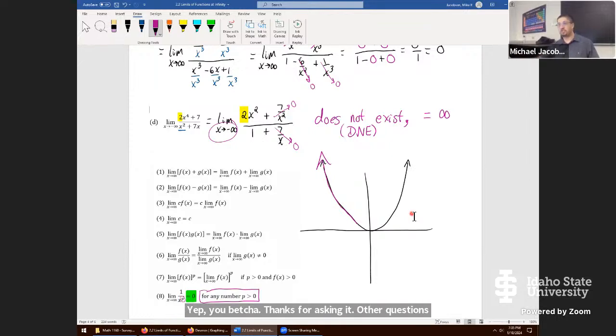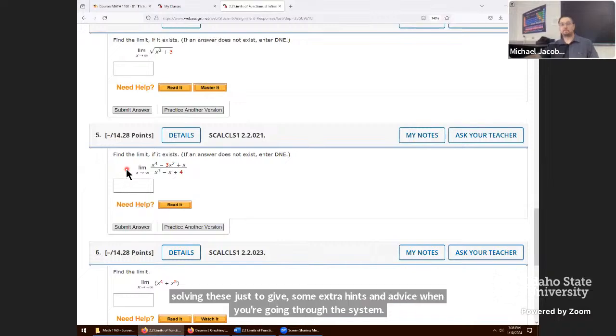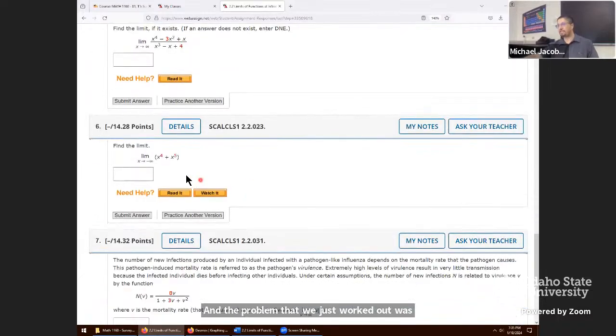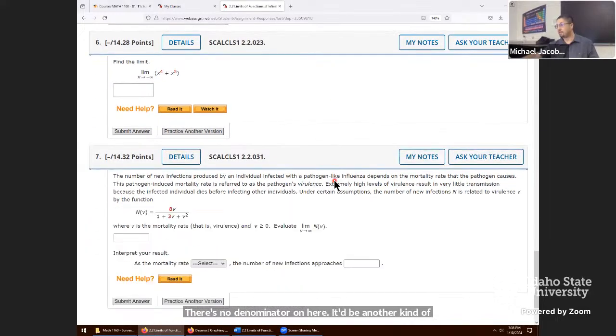Okay, since this is just the first assignment, the very first section, I'm looking at the web assignments we're solving these just to give some extra hints and advice when you're going through the system. The problem that we just worked out was very similar to this one. There's other weird things like, say, this one. There's no denominator on here. It'd be another kind of same issue. This doesn't have a limit that exists either.